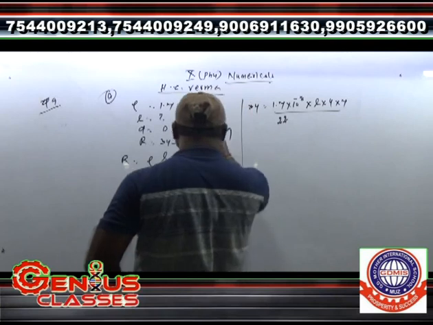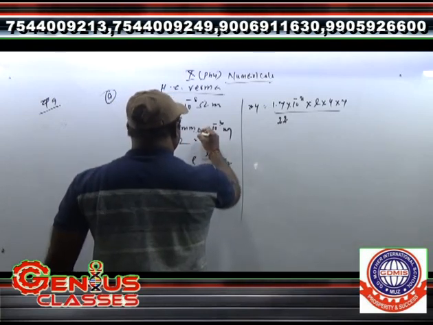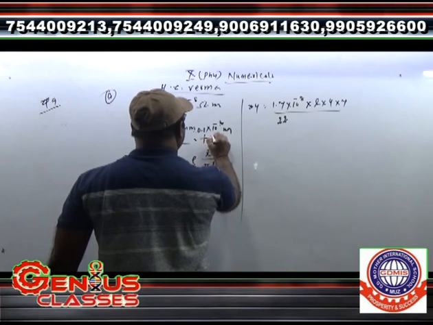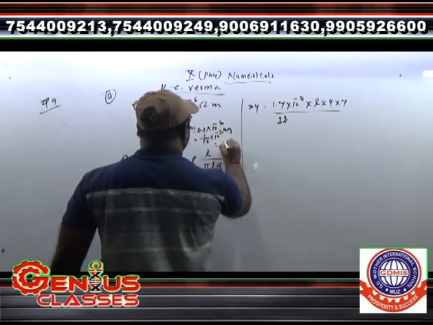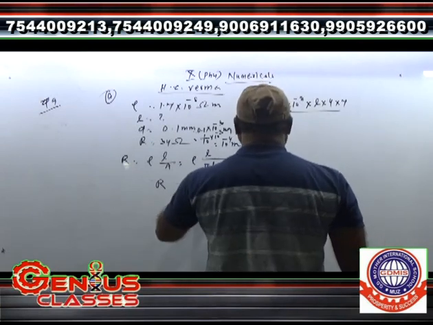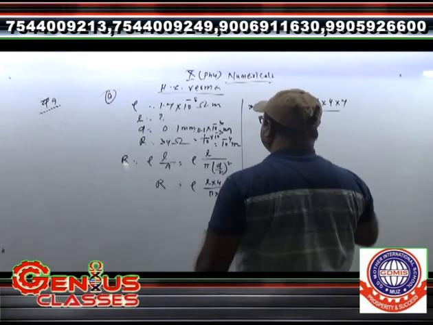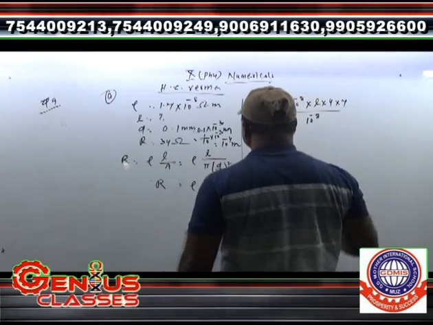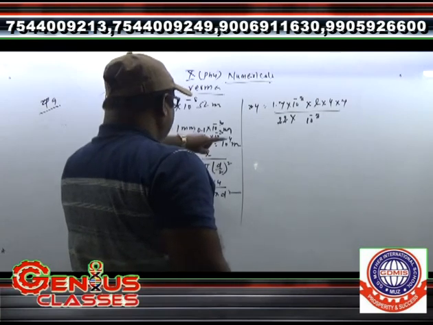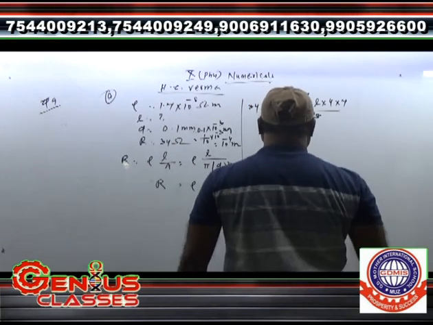So we can convert it. We have seen here it is 0.1, that is 1 by 10, and we can write 1 by 10 into 10 to the power minus 3 meter. Here the 10 to the power minus 8 and 10 to the power minus 8 cancel.